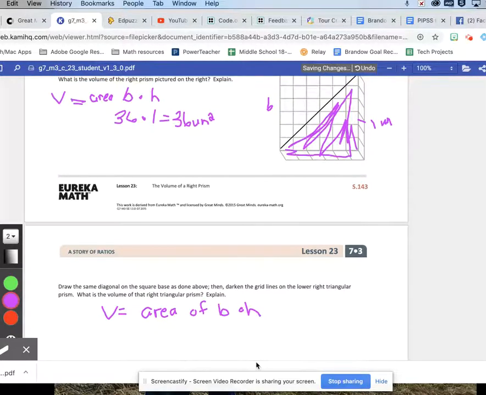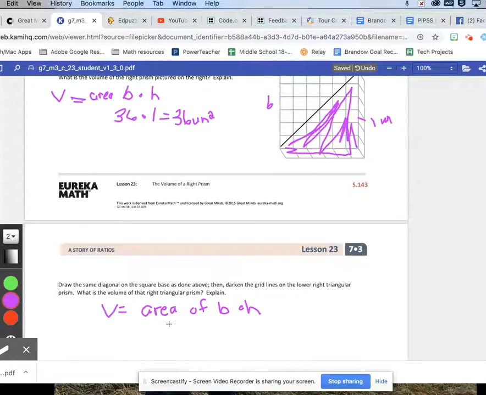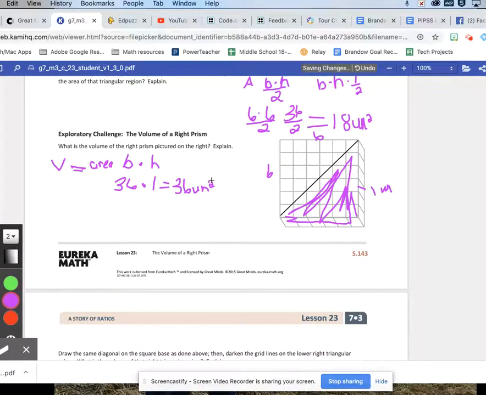If you remember from before, the area for the triangle would be 6 times 6, base times height, divided by 2, which was 18. So this was 36 divided by 2. And then I have to times that by my height, which we already figured out was 1 unit. So the volume of this triangular prism is 18 units. Oh, cubed, and you know what? I said squared. This should also be cubed. Volume is cubed.